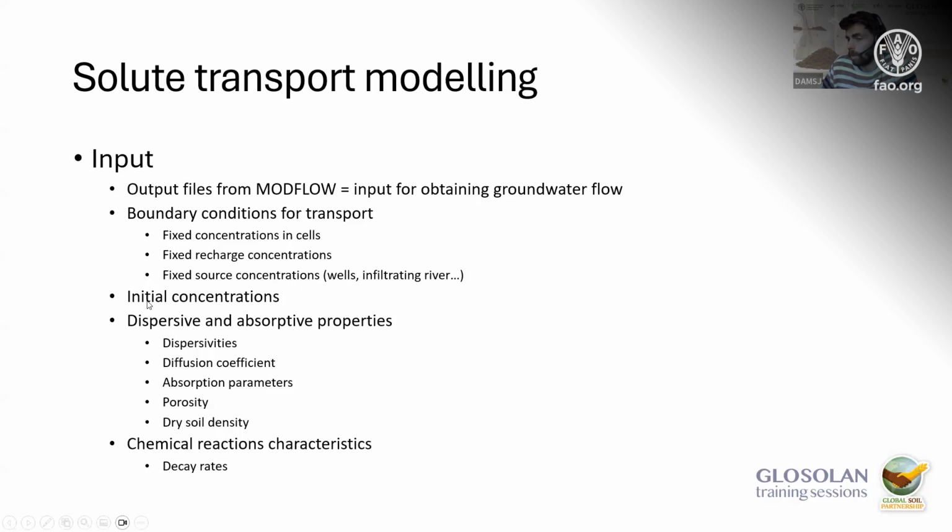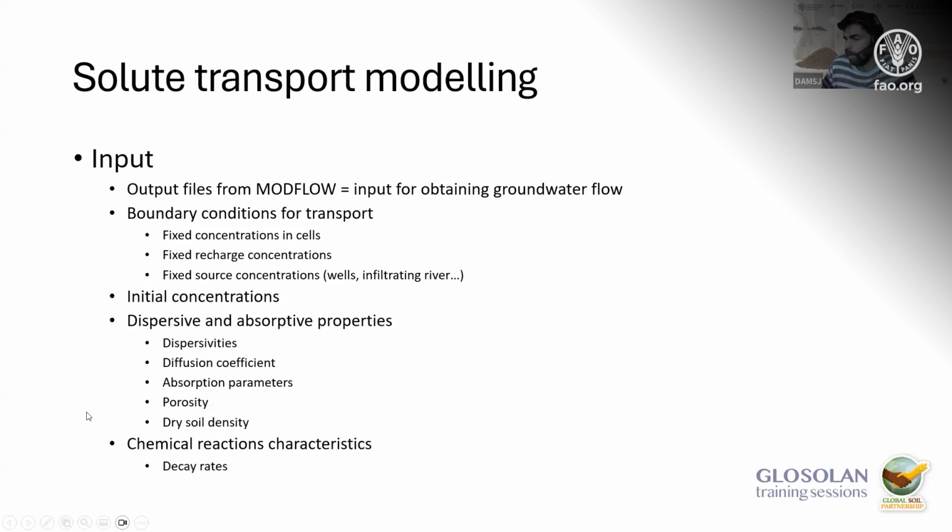You also need to specify to the model the initial concentrations. It could be all zero, but it could also start from a given concentration. And then the properties: the dispersivities, the dispersion coefficient, adsorption parameters, porosity, and dry soil density. So partly they are the same as what Ingeborg was using in the unsaturated zone models.